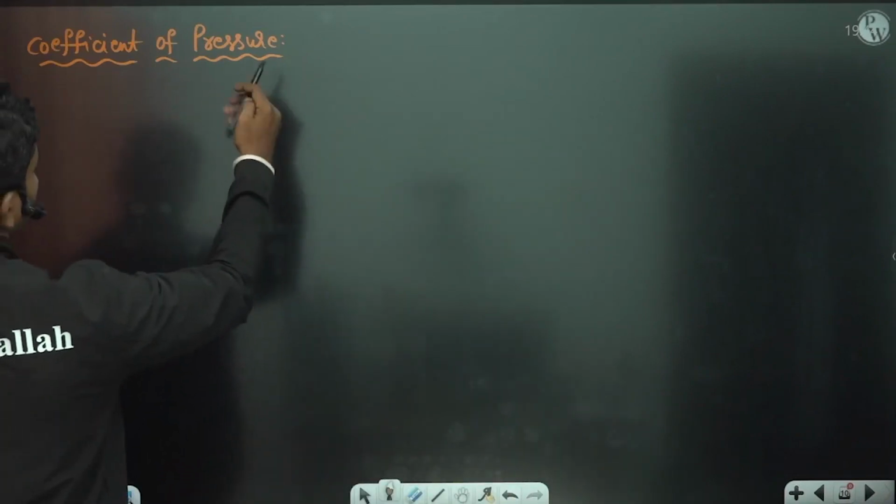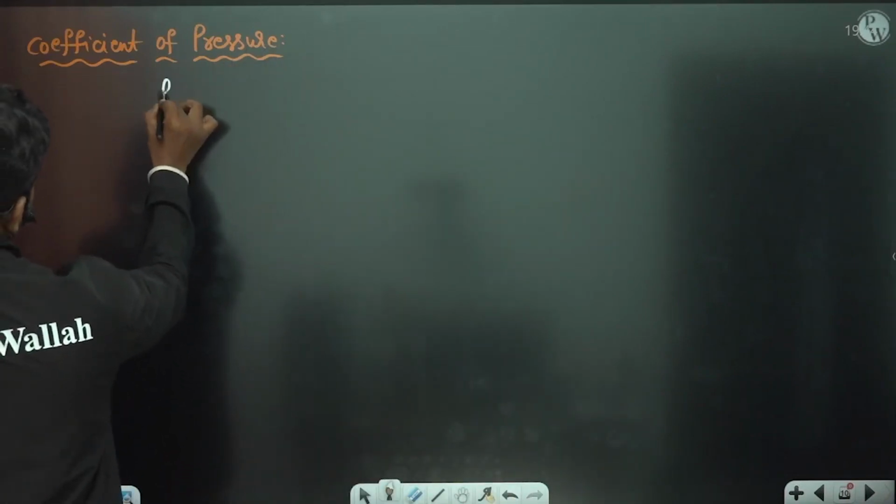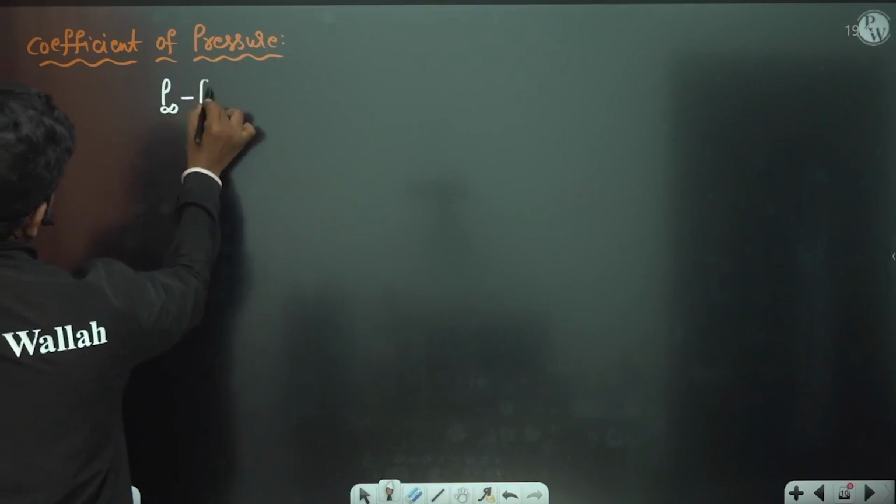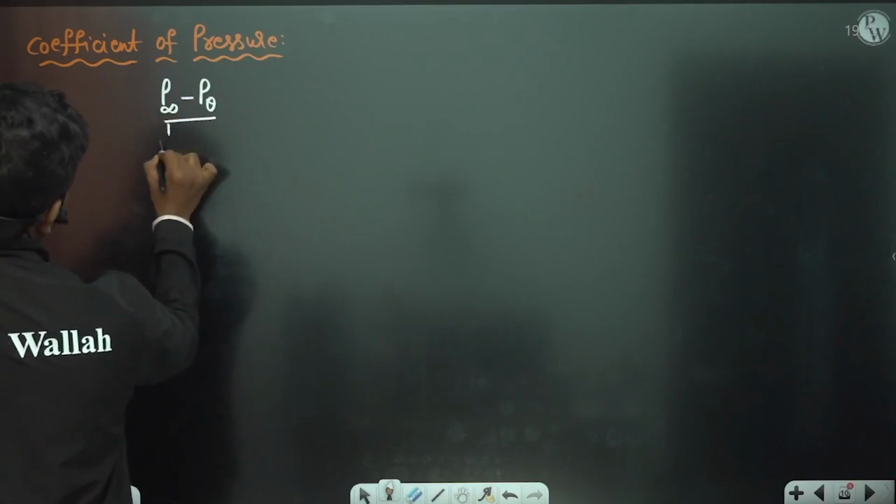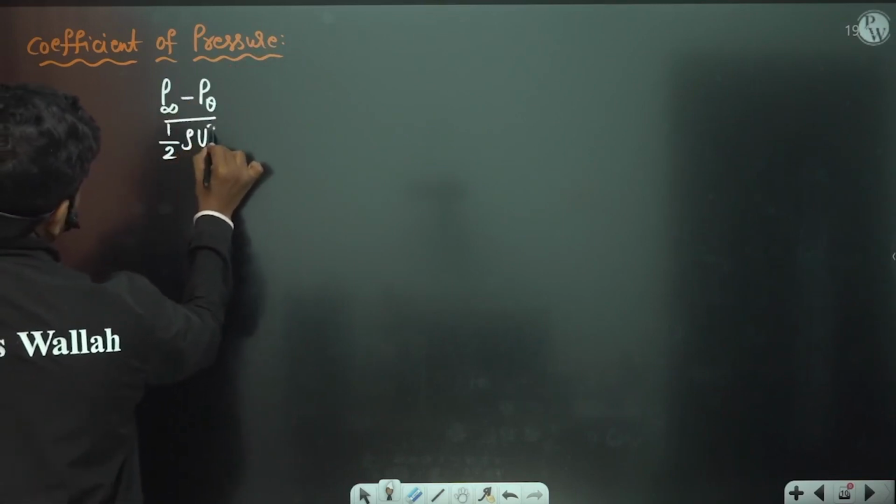So applying Bernoulli's equation. First of all, what is this coefficient of pressure? Let us see. Cp = (P infinity minus P theta) by (half rho u infinity square).